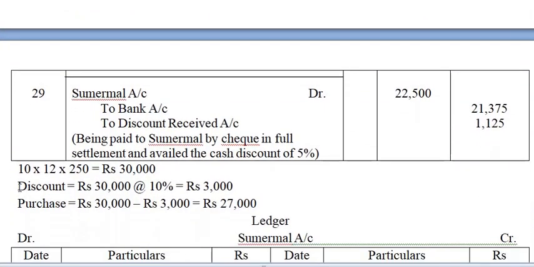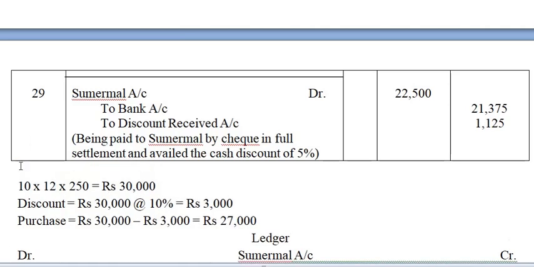It's very simple. He is buying 10 dozen pairs of blankets. 1 dozen equals 12 pairs, so 10 into 12 into 250, because 250 per pair, it will be 30,000.